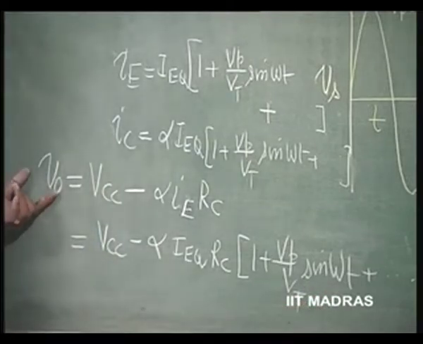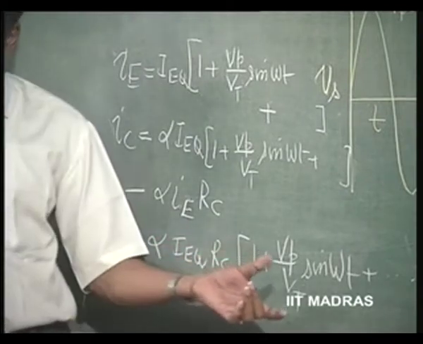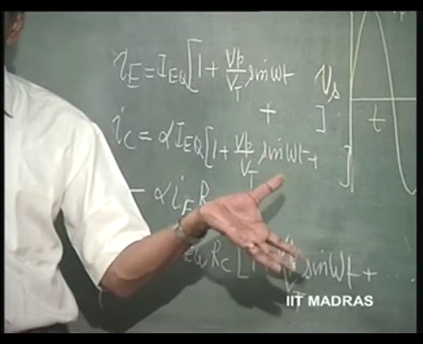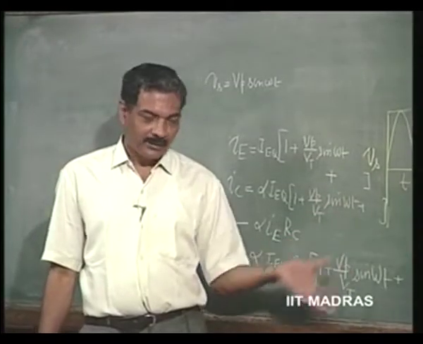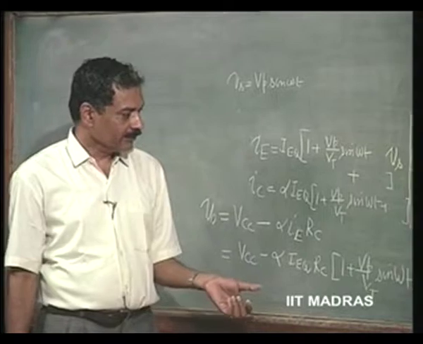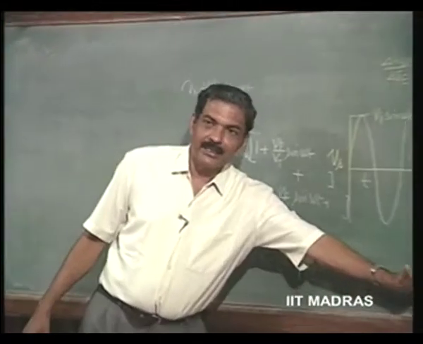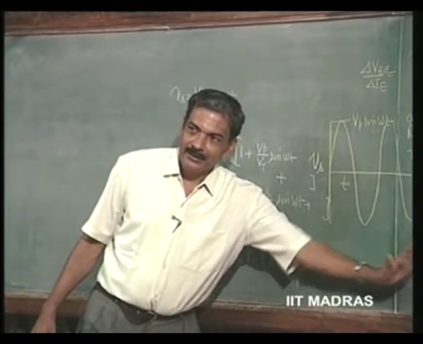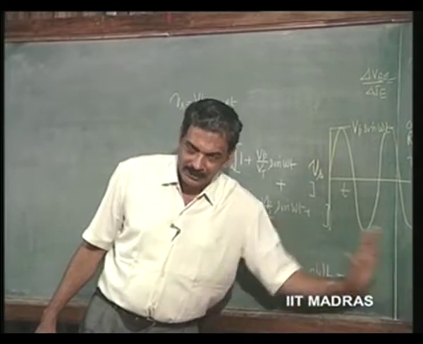So, the output voltage is exactly a replica in shape of the input voltage, but by an amplification factor, amplified only if these are negligible, otherwise it has other harmonic contents in it, therefore distortion factor.